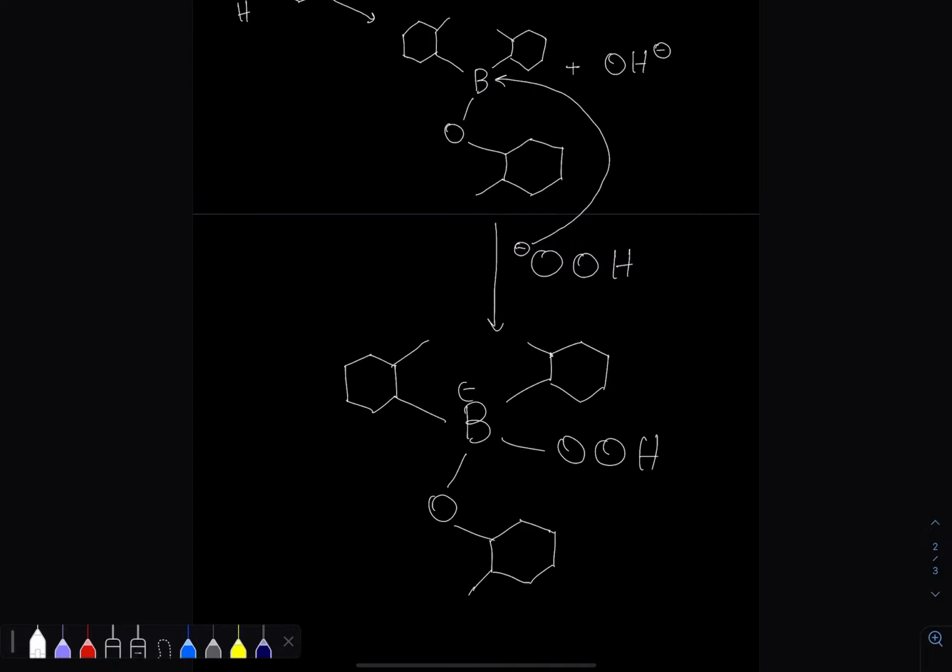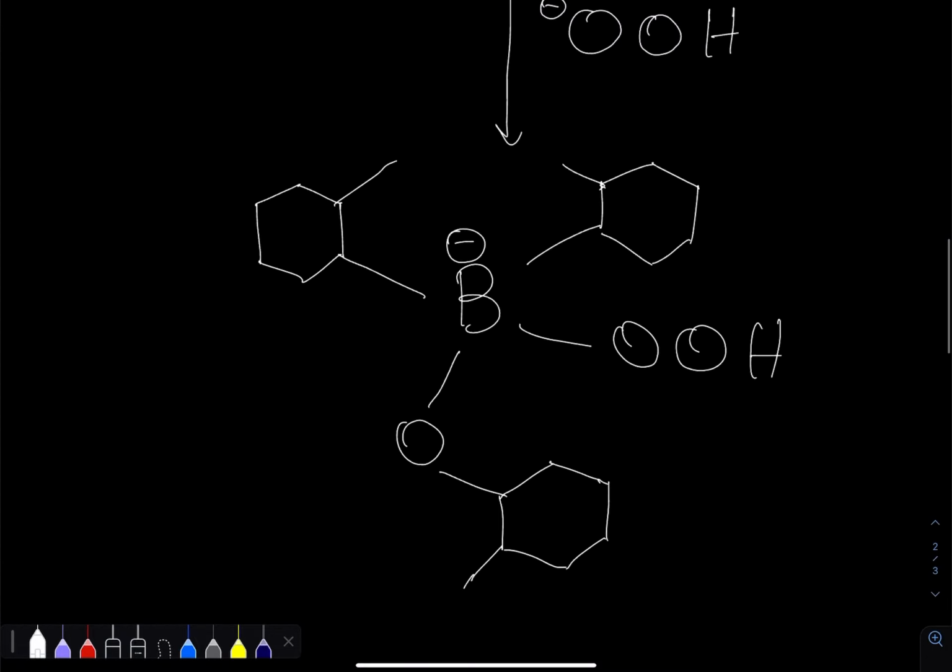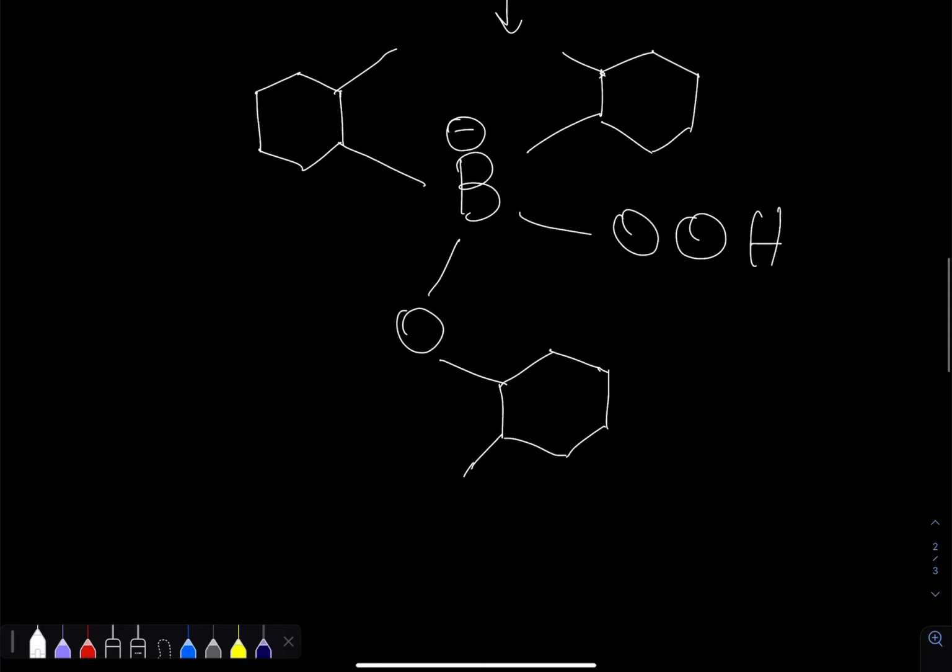So now the boron is negatively charged again because there are 4 groups attached to it. So something has to leave for it to be more stable. So this R group with the oxygen is going to leave.